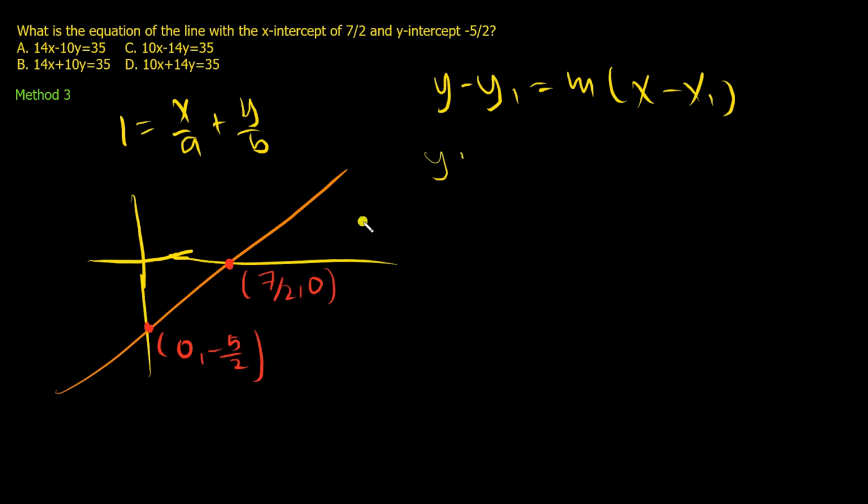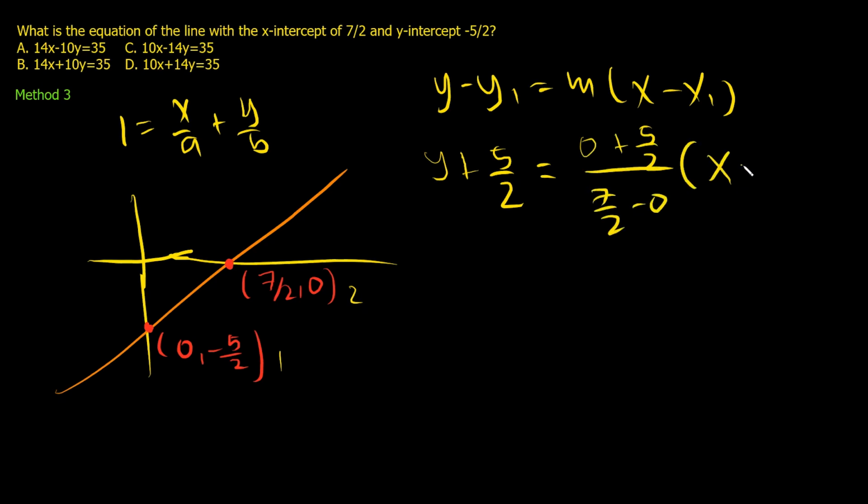We have y, let's say this is (x1, y1), (x2, y2). y plus 5 over 2 is equal to 0 plus 5 over 2 over 7 over 2 minus 0 times x minus 0. Tama? So, simplify. You have y plus 5 over 2 is equal to 5 over 7 x. Tama?